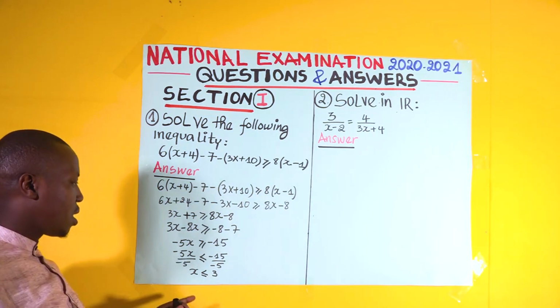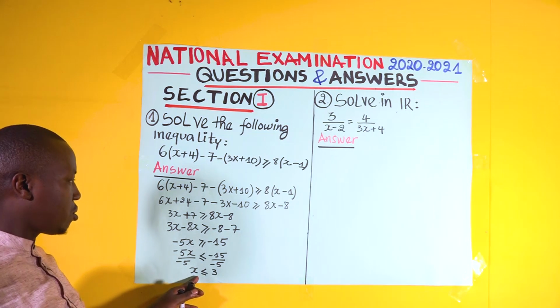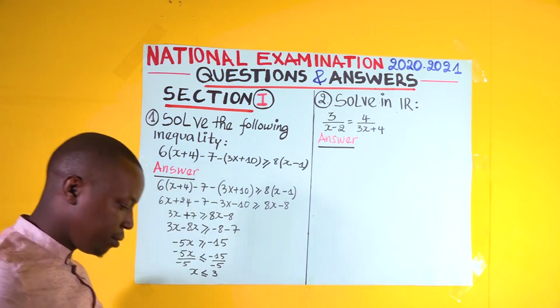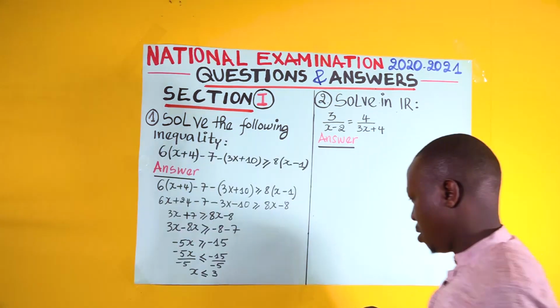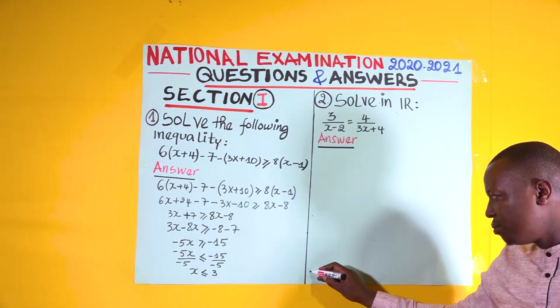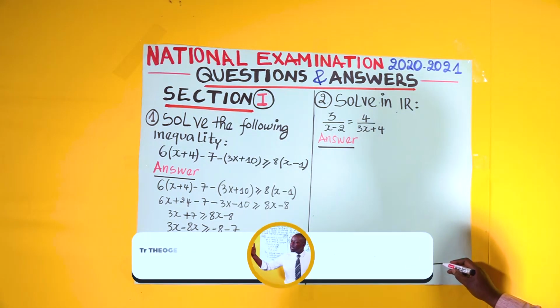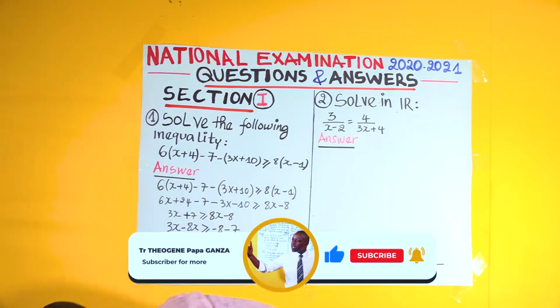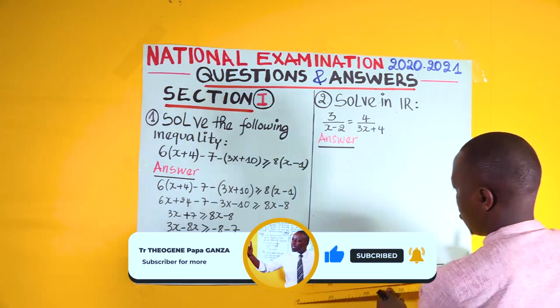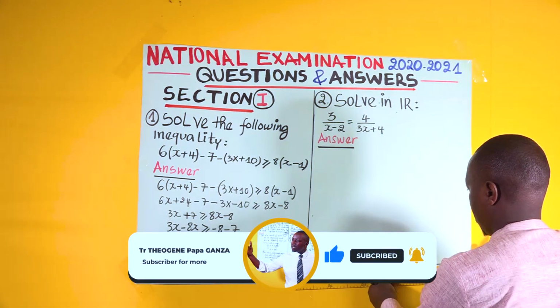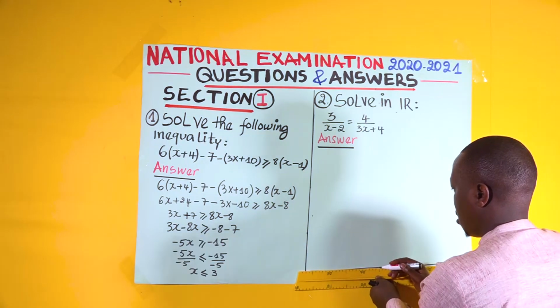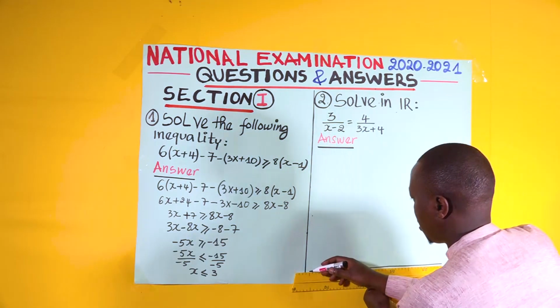And then, how do we search for a solution set? Remember, on a number line, this is our number line. Let's try together to see how it looks on the number line.